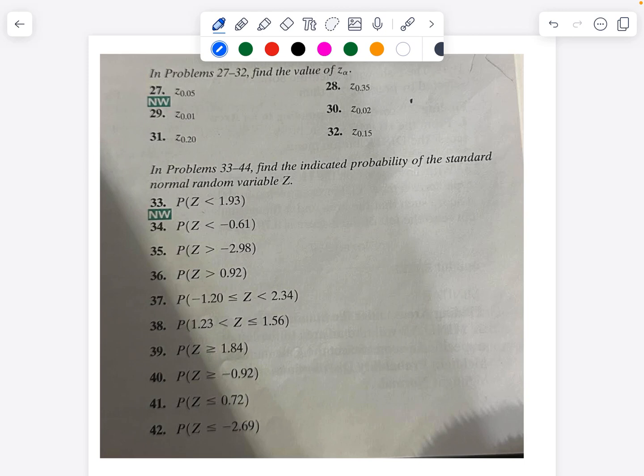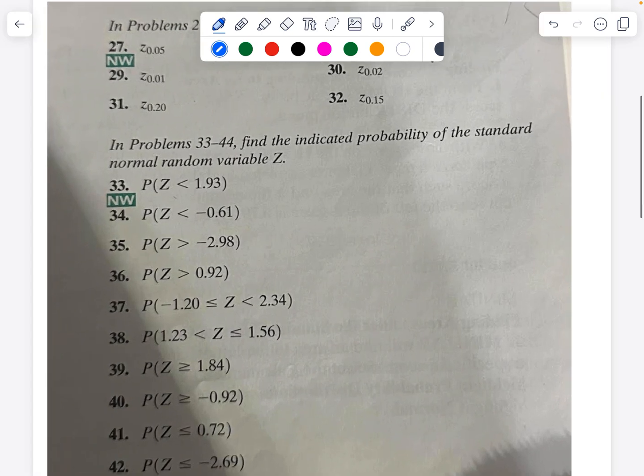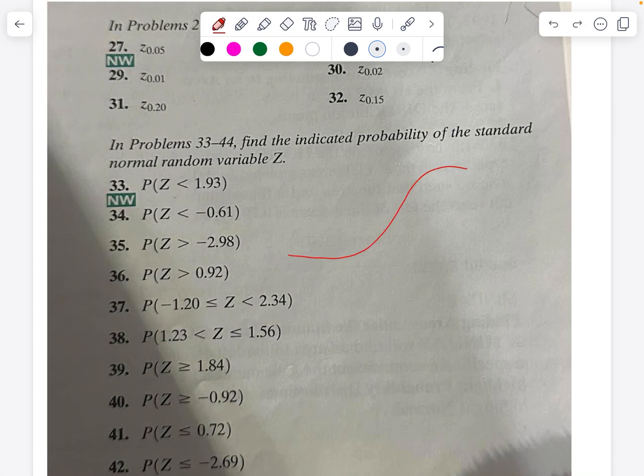Today we're looking at 7.2, finding the indicated probability of the standard normal random variable z. So first thing we know, if I sketch out the normal probability density function, it is symmetric about the mean, which is 0, and our standard deviation equals 1.